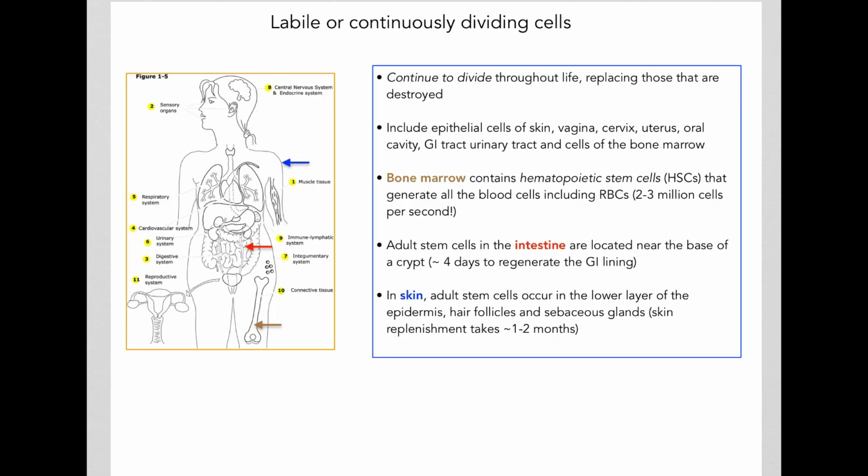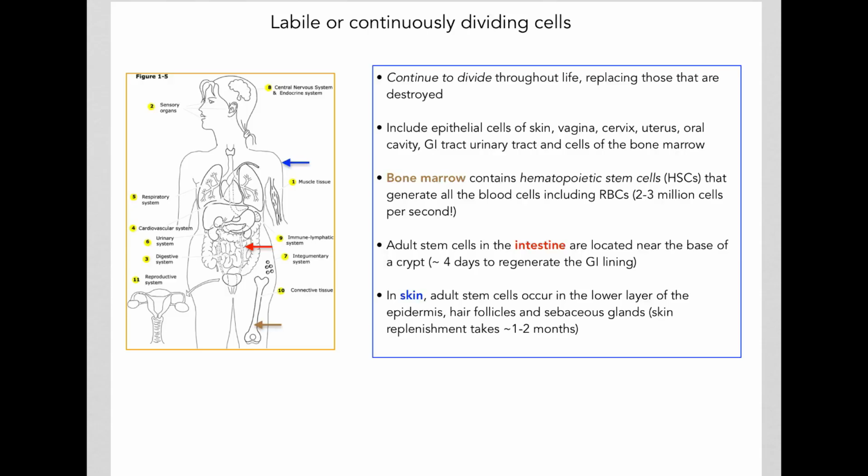Labile or continuously dividing cells, as the name suggests, continue to divide throughout life, replacing those that are destroyed. Examples include the epithelial cells of the skin, the vagina, the cervix, uterus, oral cavity, the GI tract, urinary tract, as well as cells of the bone marrow.